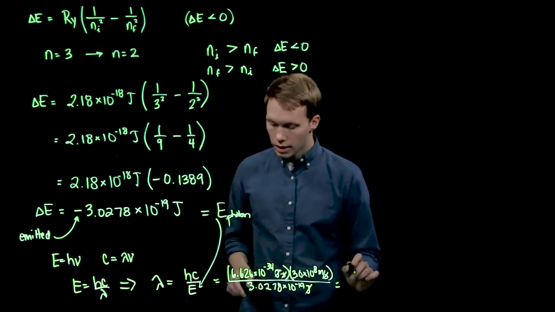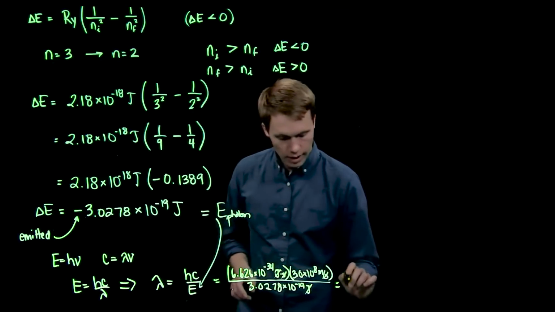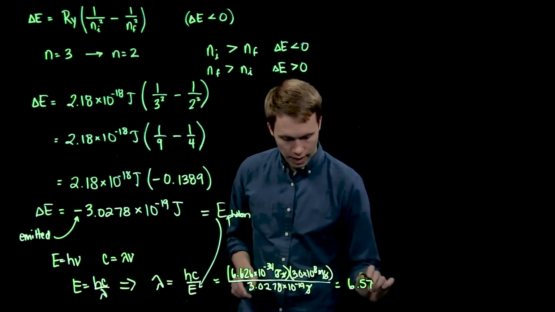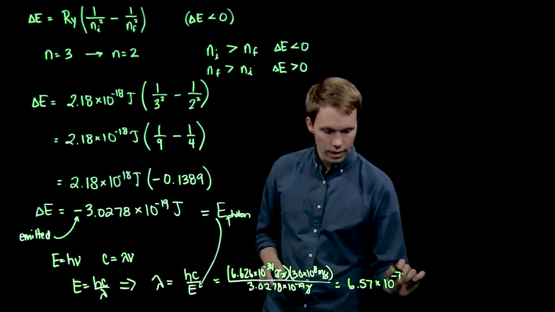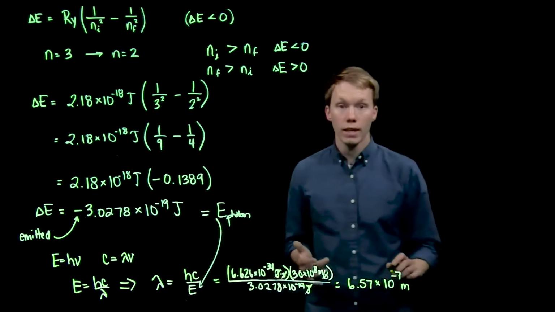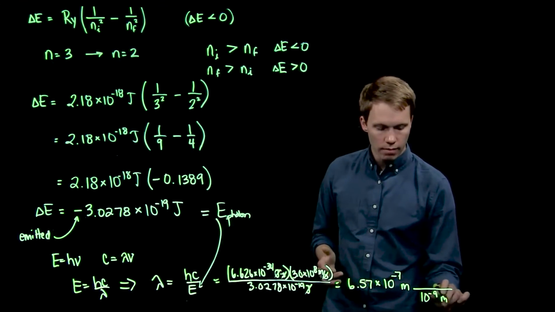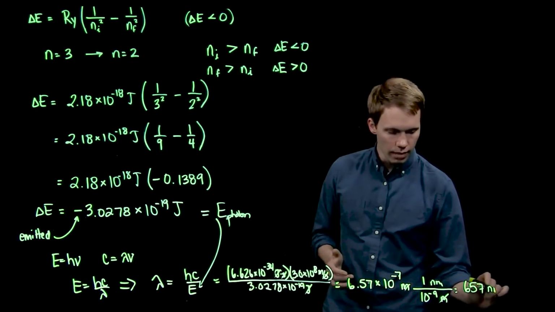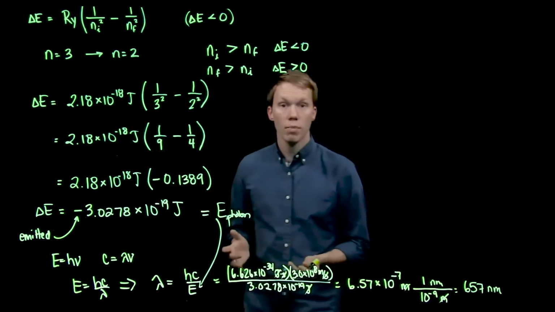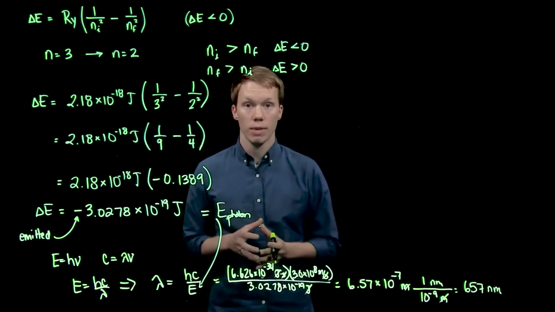My wavelength here will be 6.57 rounded times 10 to the negative 7th meters. And if we translate this to nanometers, 10 to the minus 9th meters per 1 nanometer, this would be 657 nanometers. And so that corresponds to a photon in the red region of the visible spectrum.